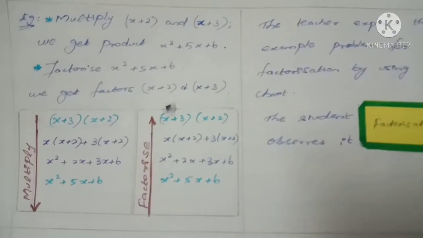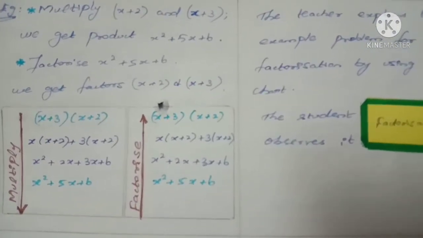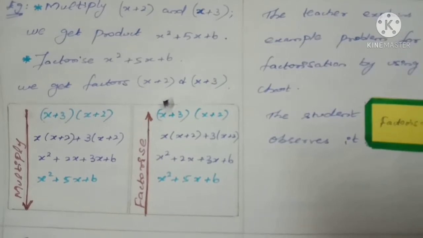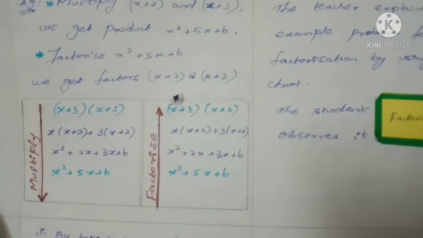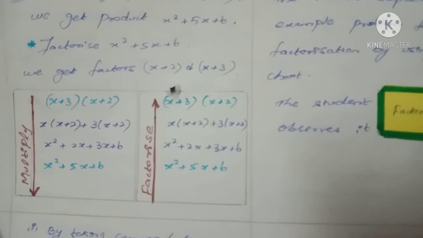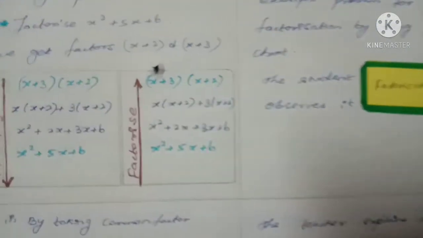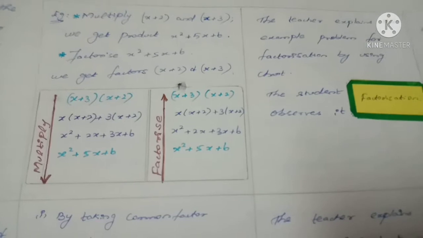On the other side, x square plus 5x plus 6 equals x plus 2 into x plus 3. This is the factorization method.